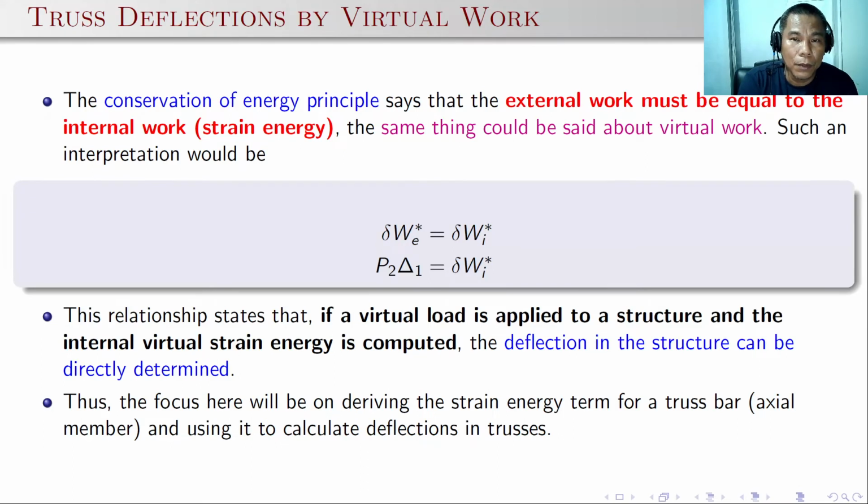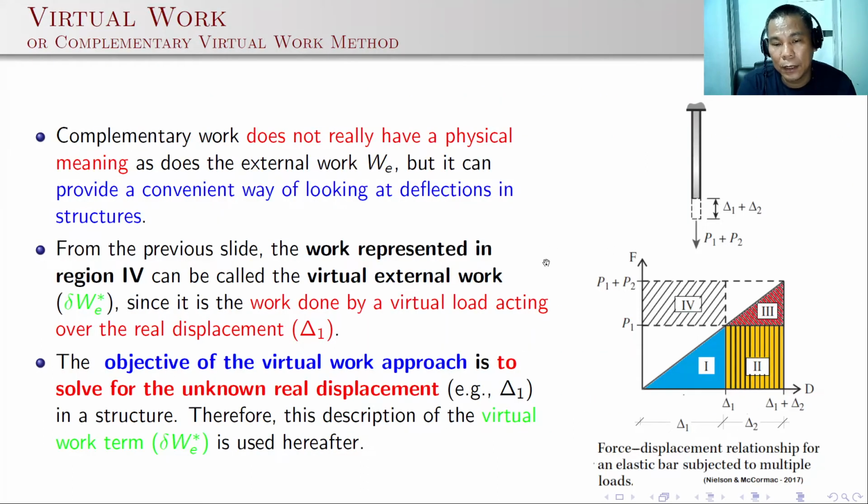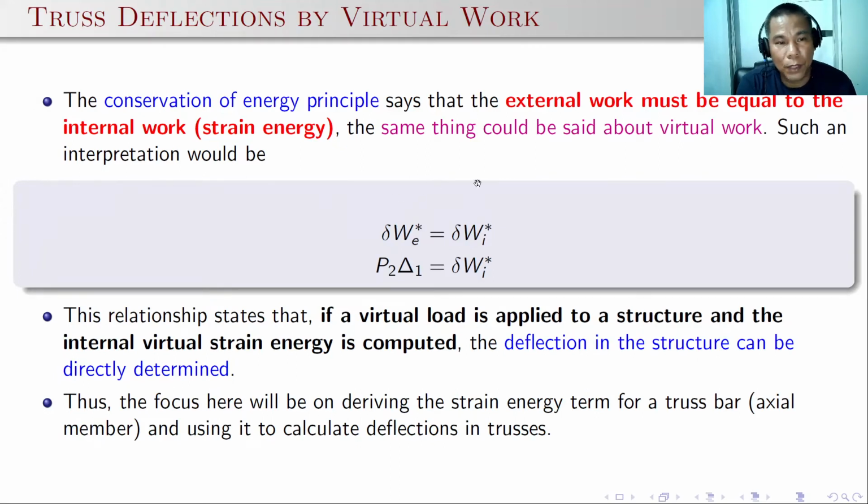Then we can also apply this virtual work concept in truss deflections. The conservation of energy principle says that the external work must be equal to the internal work or the strain energy. The same thing could be said about virtual work. Such an interpretation would be delta W sub E asterisk is equal to delta W sub I asterisk, which is equal to P sub 2 delta 1, which is equal to delta W sub I asterisk.